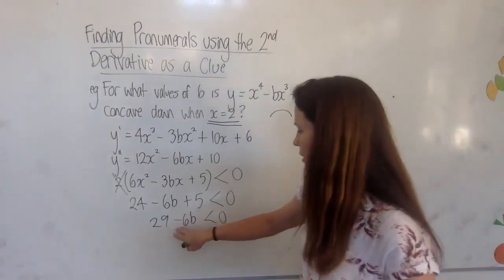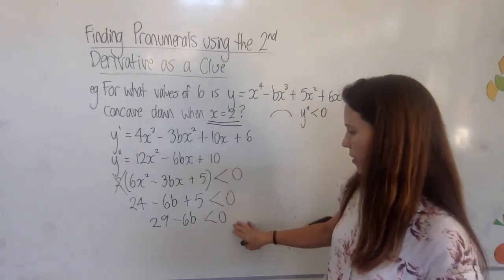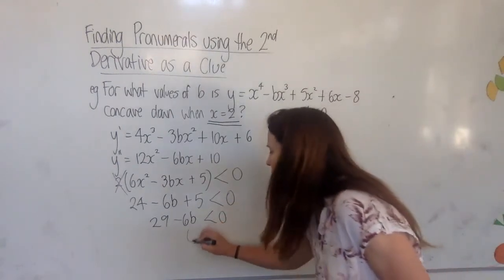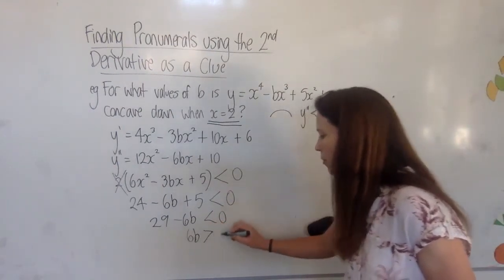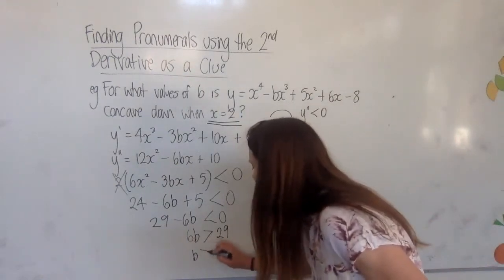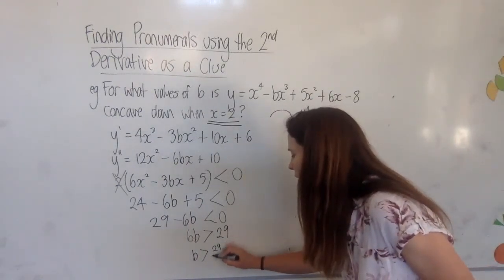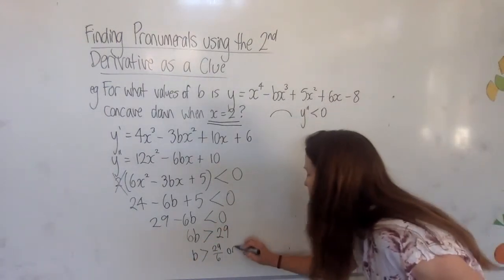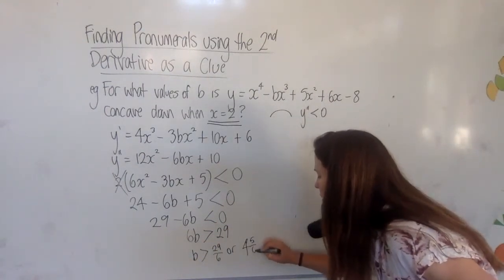So if I add 6b to both sides, I'll get 6b on this side and 29 over there. The 6b will be on the big side. So if I rewrite it like this, I've got to make sure I put the 6b on the big side. And then dividing both sides by 6, I've got 29 sixths. And this works out to be 4 and 5 sixths.